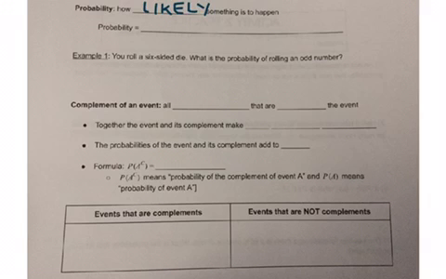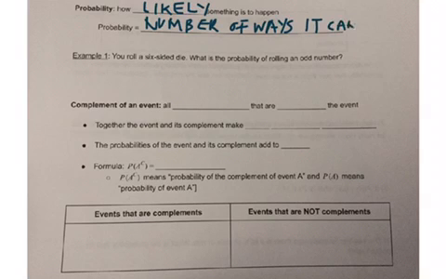To calculate probability, you find the number of ways it can happen. Another way to think about that is favorable outcomes divided by the total number of outcomes.